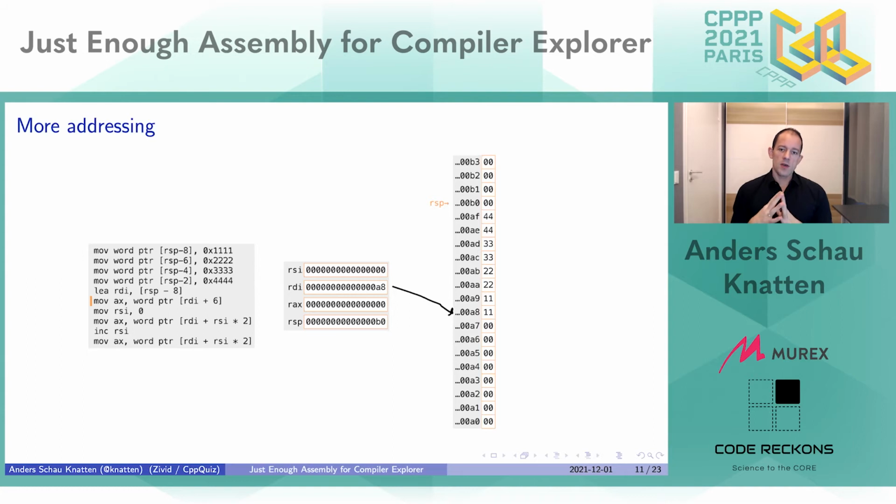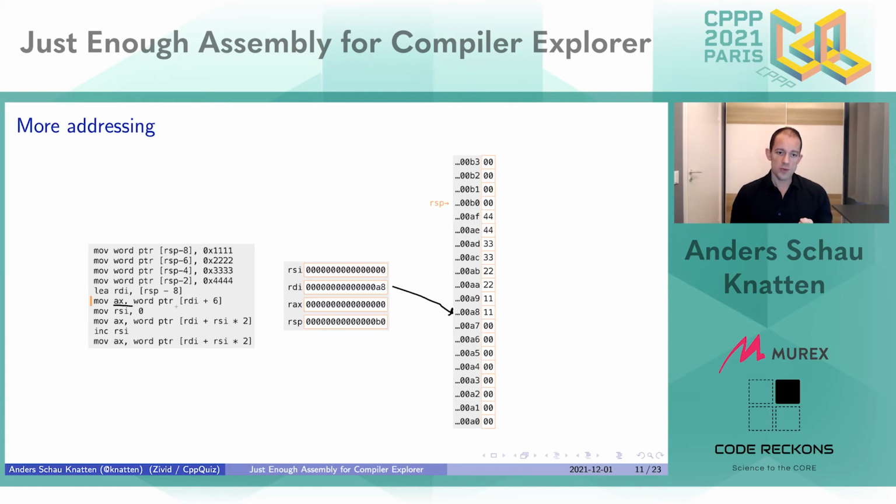And then imagine you want to access the fourth element in the array, right? So then we have to skip past the first 3 elements times the size of the element. So that's 6. We're going to go past 3 times 2 bytes for each, so we're going to go past 6. And we want to take that element and put it into AX. So now we're using a 16-bit register in AX.